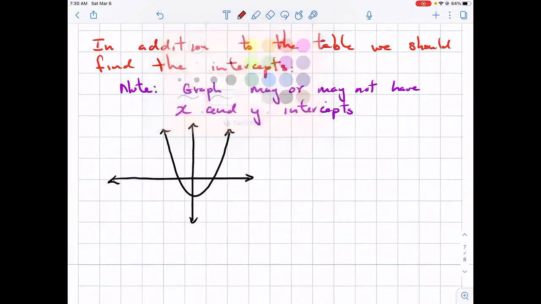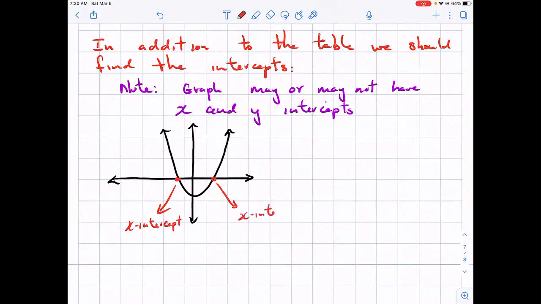So here we have X intercept. Here we got an X intercept again. Here we had a Y intercept.